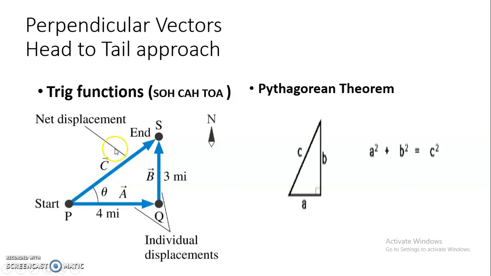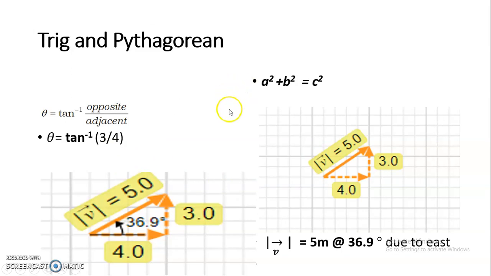Okay, so now we have our magnitude, which is 5 miles. But we know vectors must have magnitude as well as direction. So we don't have a complete answer yet.